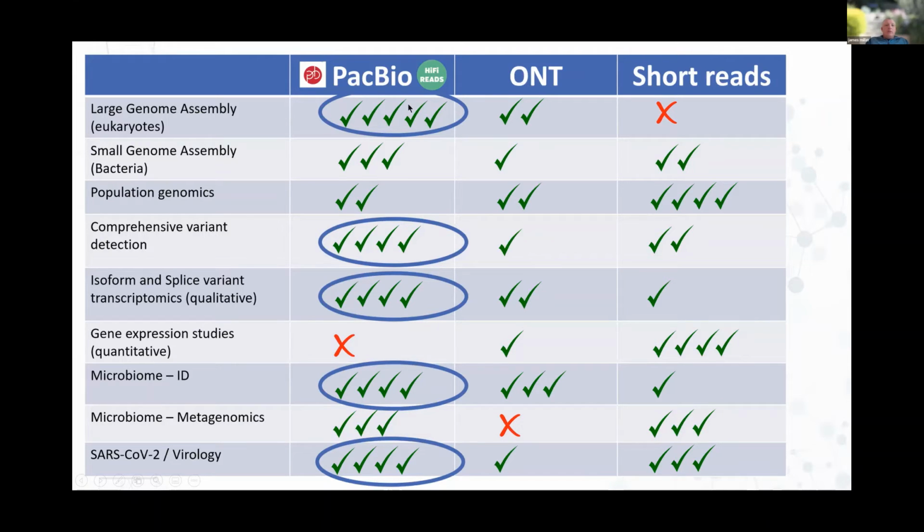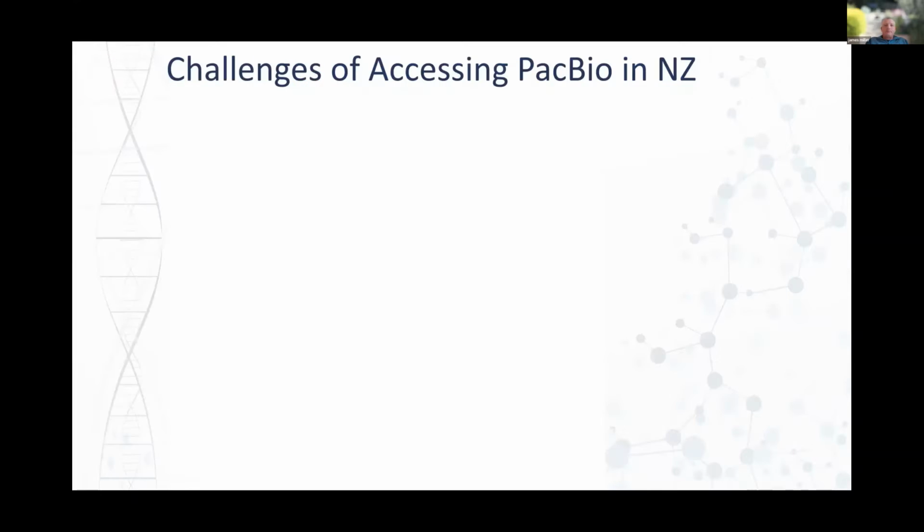So here you can see PacBio does have a very strong strength in a number of these applications, in particular large genome assembly, comprehensive variant detection, isoform splice variation, microbiome ID, and virology. If you're considering any of these projects, I would encourage you to come and talk to us, so we can dig in a bit more about how you can use HiFi game-changing sequencing for your project.